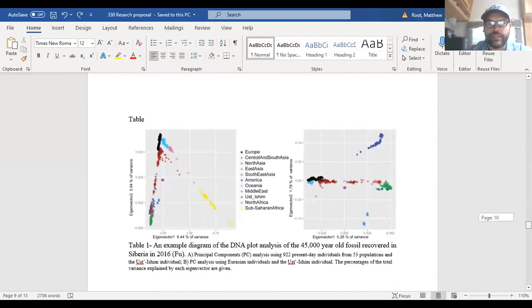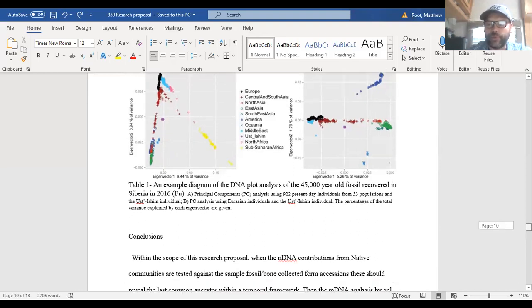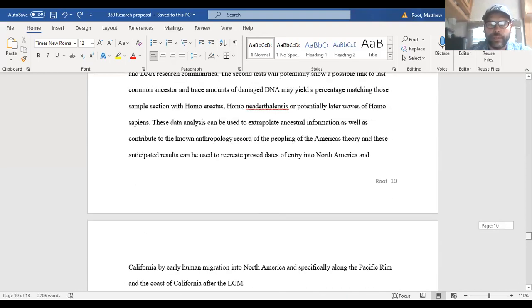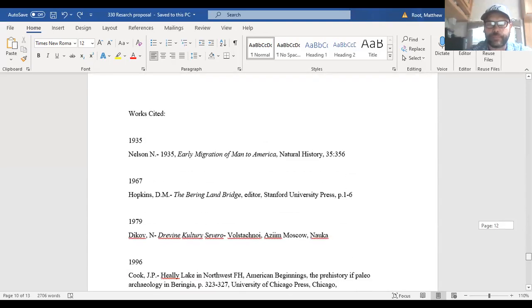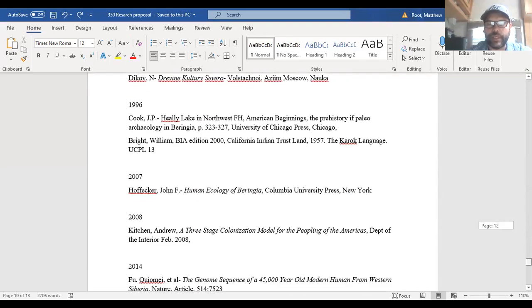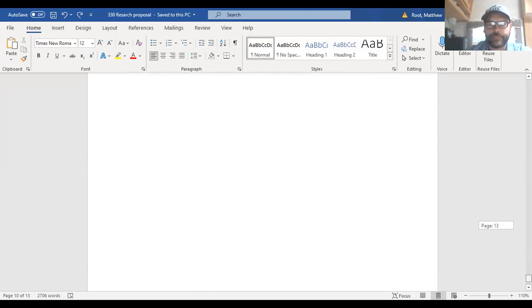And this is just an example. This was the analysis that was done on the 45,000-year-old fossil that was recovered in 2016 by Fu in northern Siberia. And then here I'll slowly scroll my works cited, and you can pause that if you need to look up any of that information.